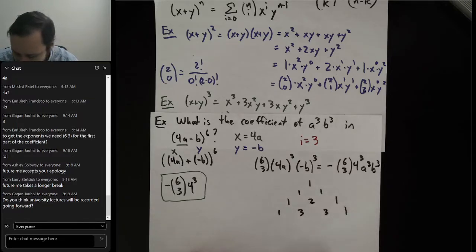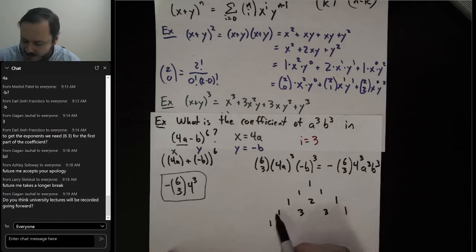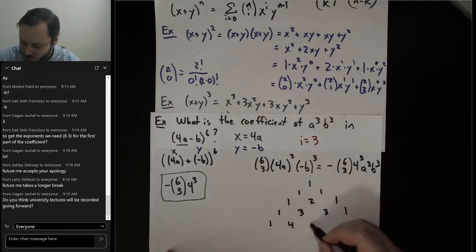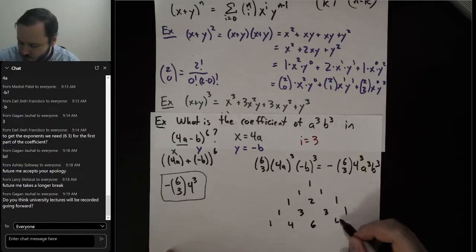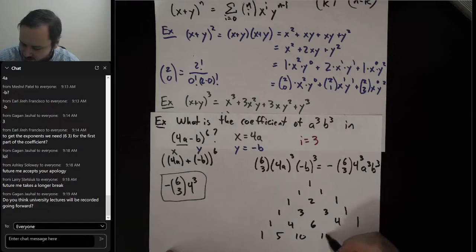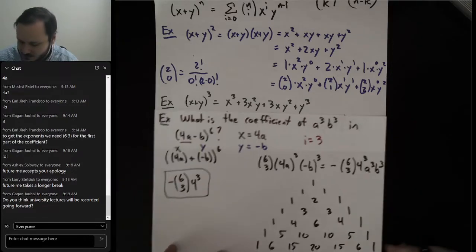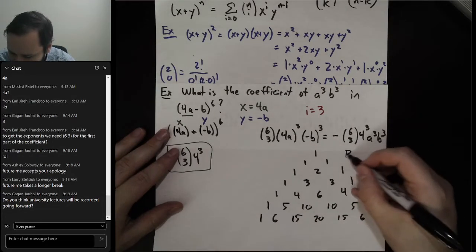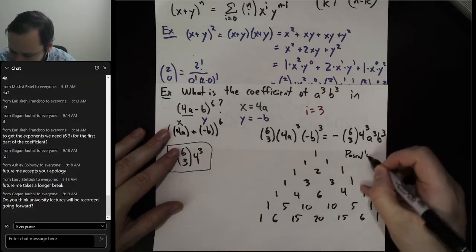To create this, I always start with a 1, and then I add together the two values above me. So 3 and 3 is 6, 4, 1, 1, 5, 10, 10, 5, 1, 1, 6, 15, 20, 15, 6, 1. And this is called Pascal's triangle.